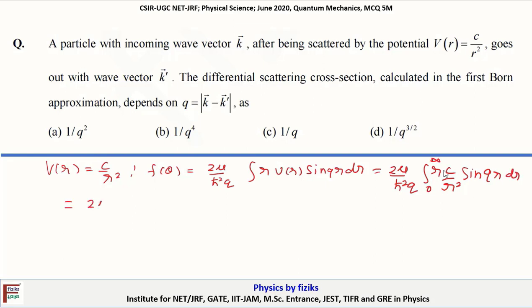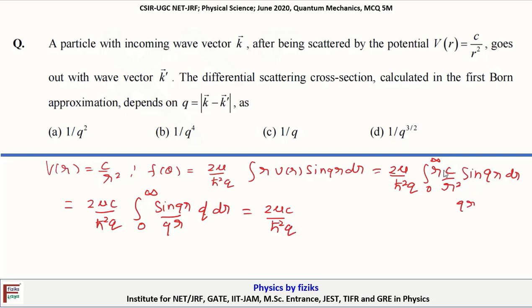This integral takes the form of μc/(ħ² q) ∫₀^∞ sin(qr)/r dr. I will be multiplying q in the numerator and denominator, so I would get 2μc/(ħ² q).